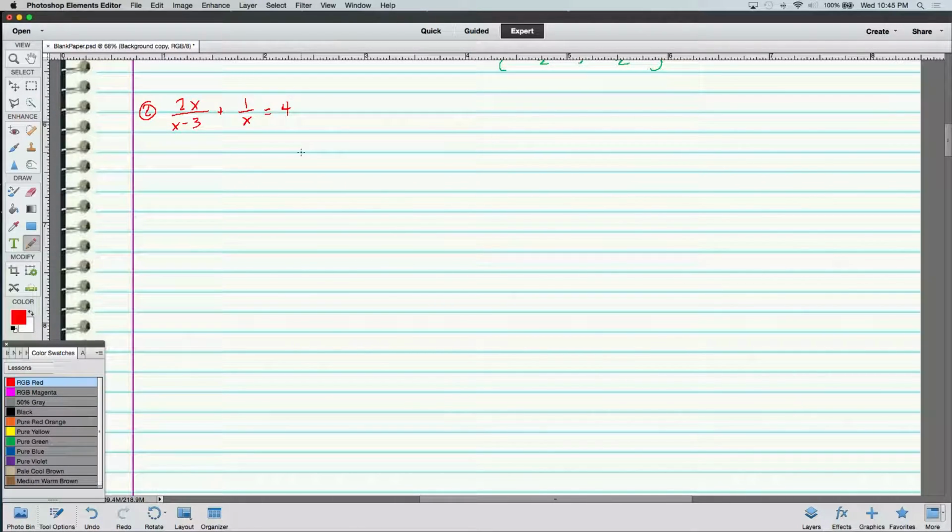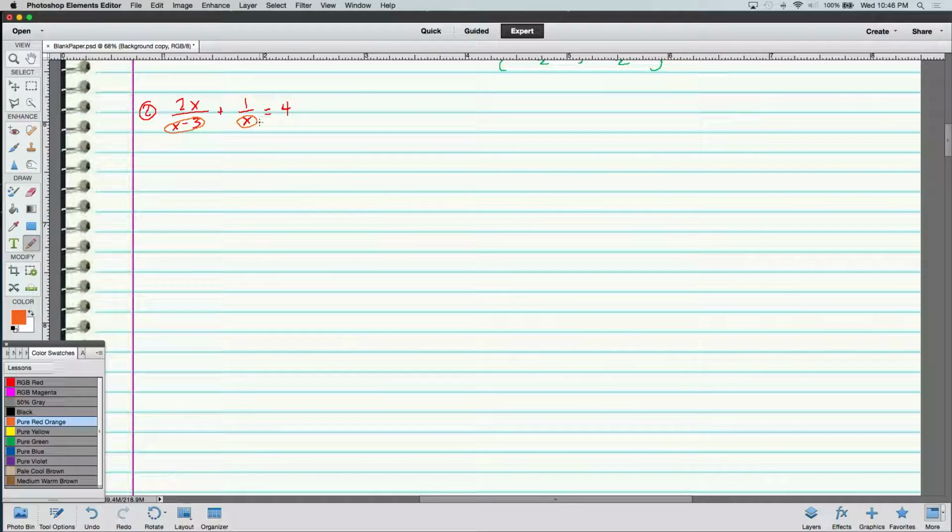And in order to get it into standard form, we have to get rid of these fractions. And to get rid of fractions, just like with linear equations, we're going to want to multiply the entire equation by the least common multiple. So what's the least common multiple in the denominators? We have an x minus 3 here, and we have an x here.